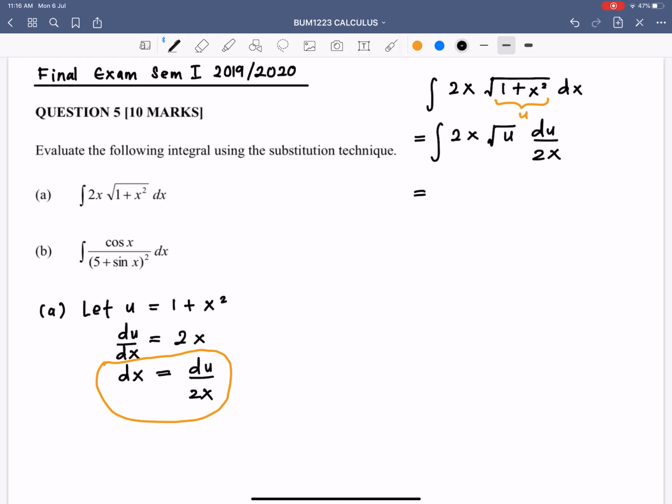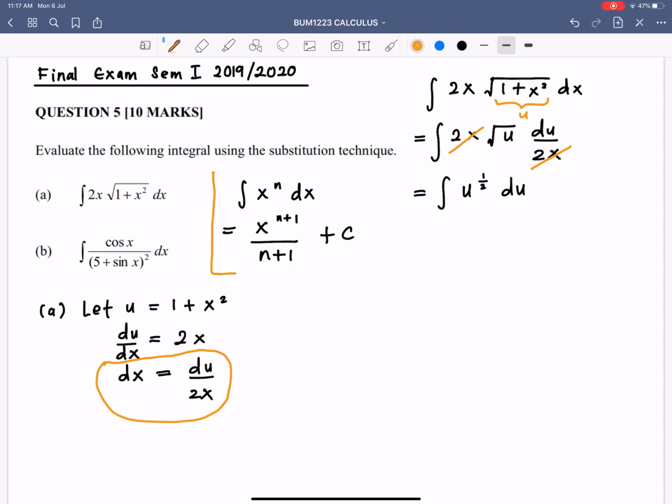In this case, we can cancel out 2x. So what's left is the integral of u to the power of 1/2 du. Now we have our integral in terms of u only, and this can be integrated easily, where we will use this formula: the integral of x to the power of n dx is equal to x to the power of n plus 1 over n plus 1, plus c.